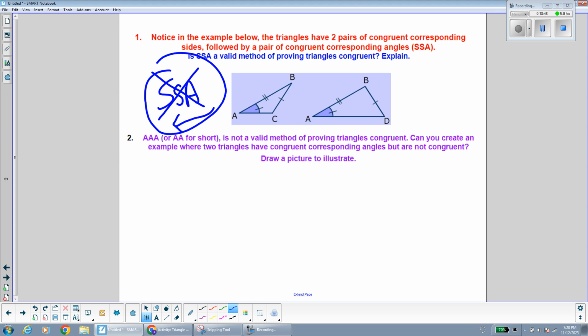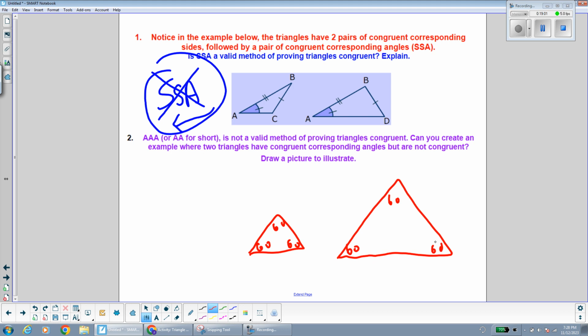It doesn't always work. And then we have AAA, and AAA also does not always make congruent triangles. Here, I'm giving you two equilateral triangles. And since these triangles are equilateral, they have 60-degree angles because all equilateral triangles have three equal angles, which all measure 60 degrees.